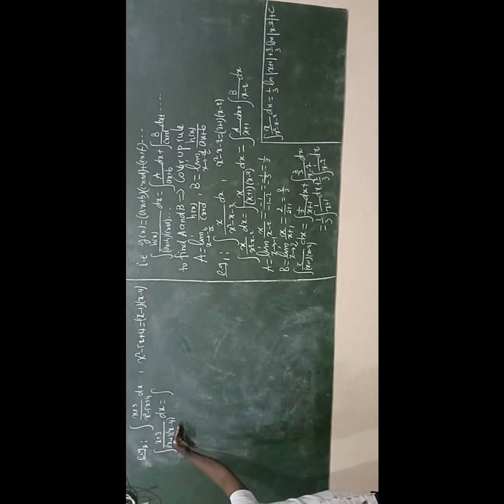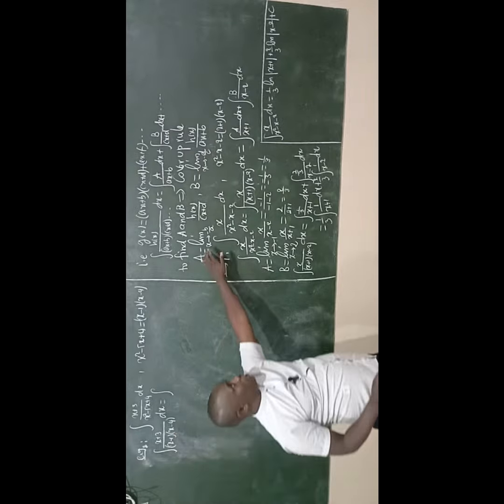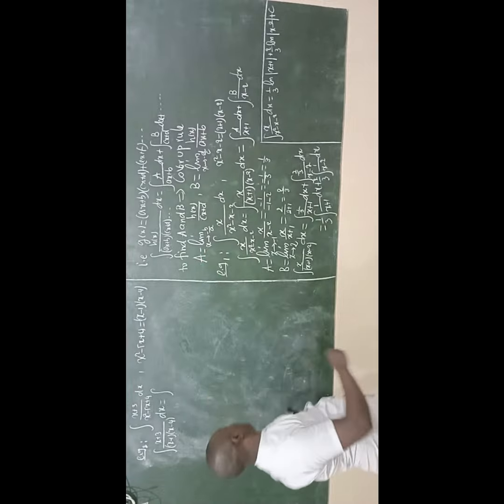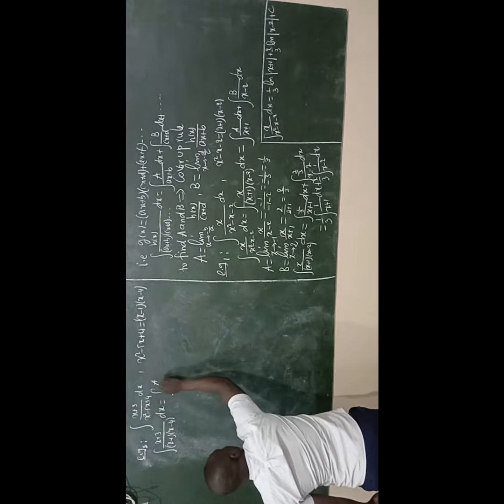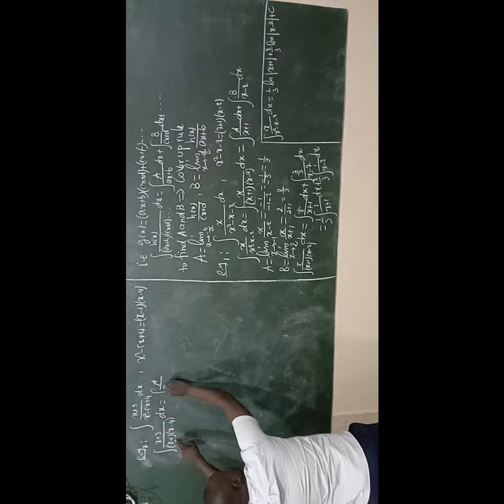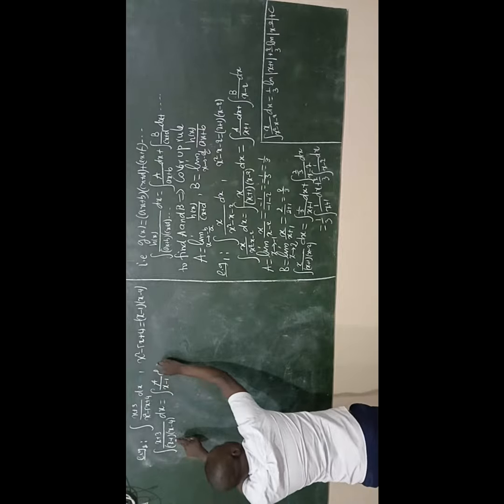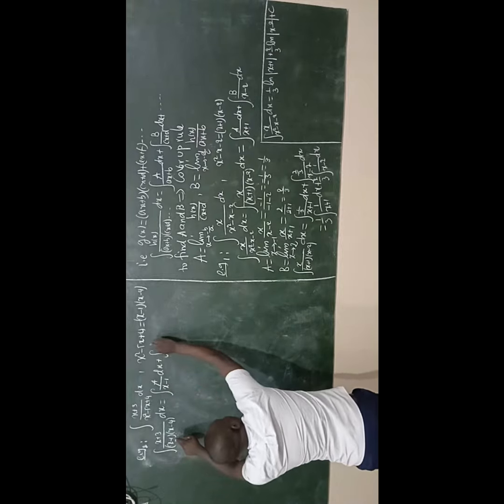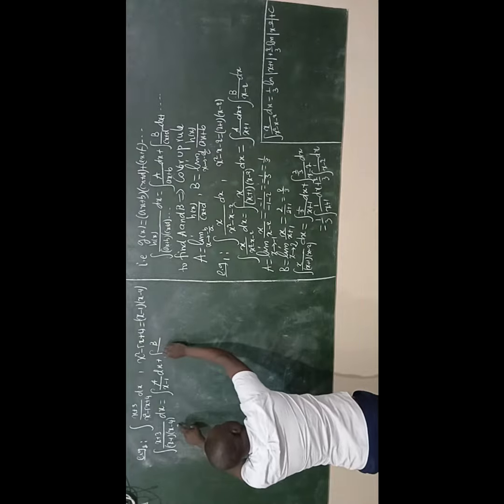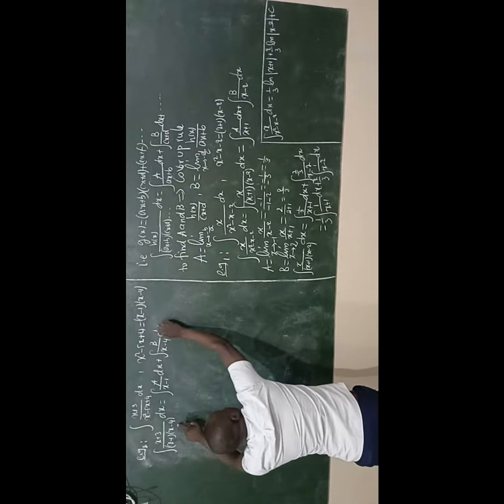We are going to write it this way: a divided by x minus 1 dx plus the integral of b divided by x minus 4 dx.